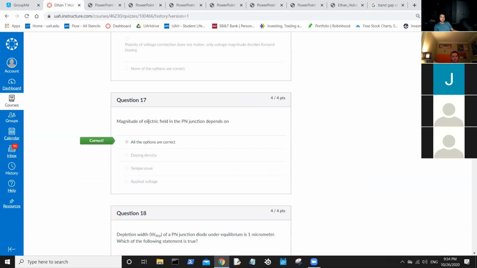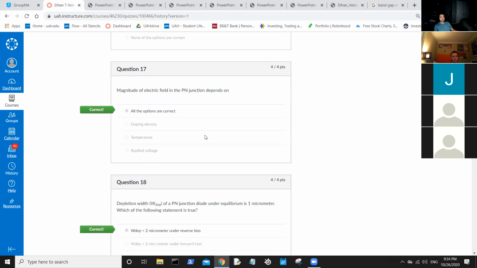The magnitude of the electric field in a p-n junction depends on, all the options correct here, right? The electric field is derived from both the built-in voltage and the depletion width. We can start off with built-in voltage, which directly varies based off temperature, as we were aware from earlier. Temperature affects the built-in voltage a lot, so we could put temperature on that list.